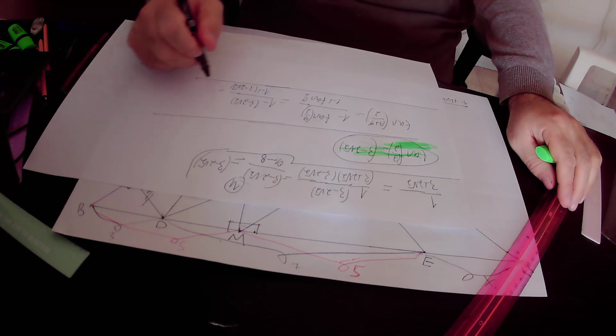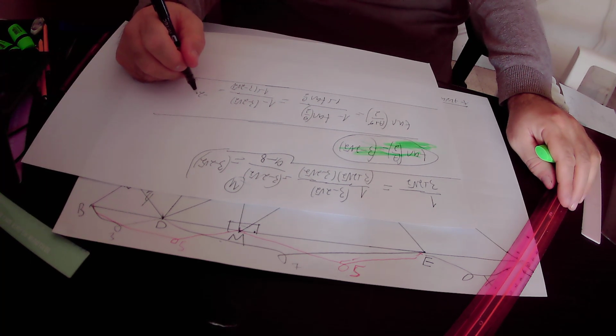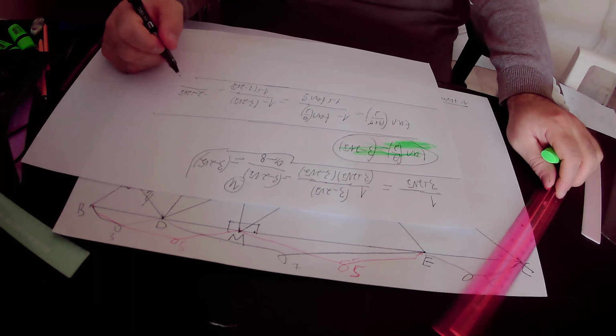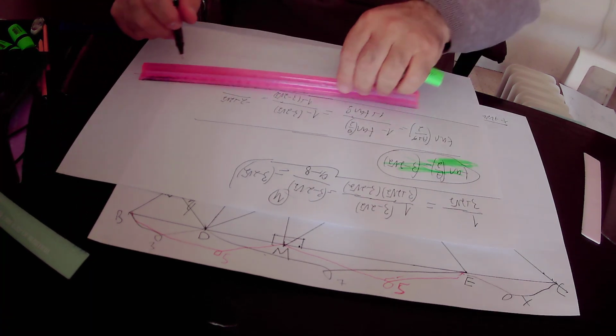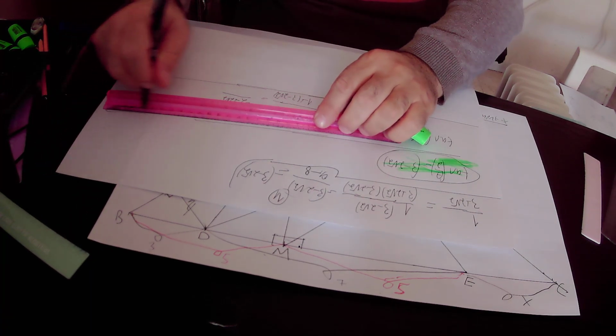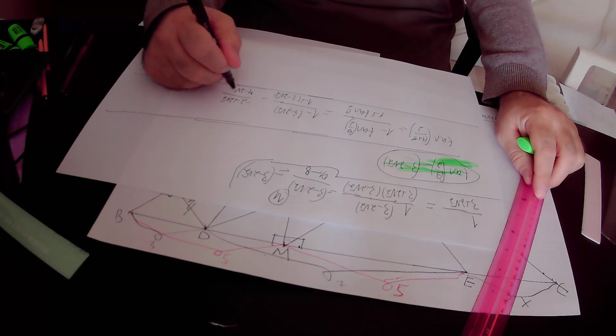So here 1 minus 3 is minus 2, and minus is plus, so it is minus 2 plus 2 times root of 2, divided by 1 plus 3 is 4, minus 2 times root of 2.